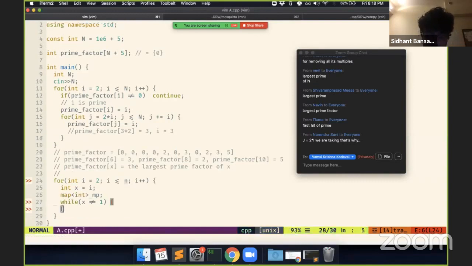I'm hoping everyone is comfortable with maps by now. Let's see, what should we do? Map prime factor of x, and x divided by equal to prime factor of x.